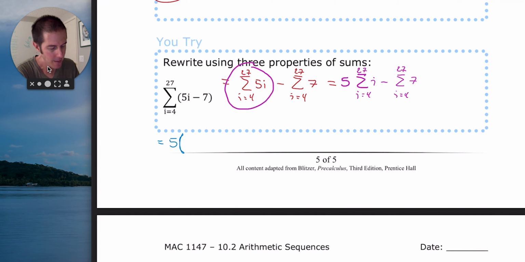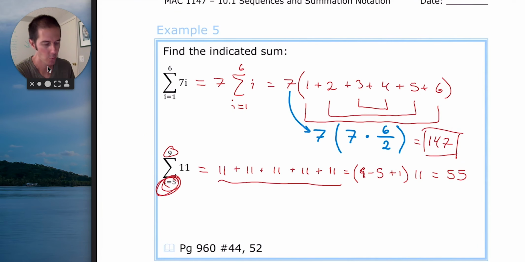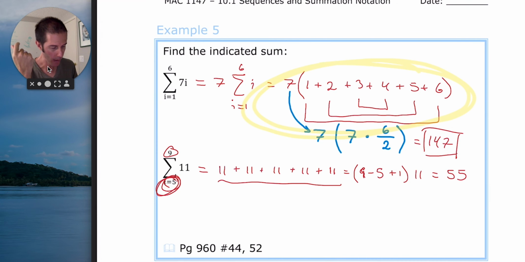So it's 5 times, and then look back over in this sort of purple color that I wrote. We need to evaluate this. In order to evaluate that, we're going to do something very similar to what we did here. All right, so what did we do here? If you want to go back into this and write a couple more notes, it wouldn't be a bad idea.